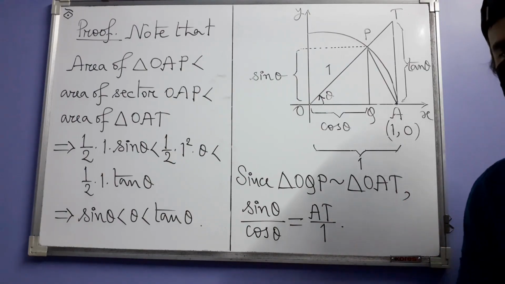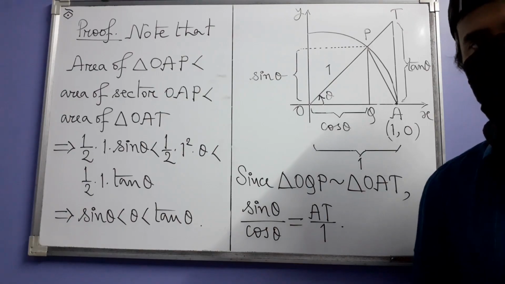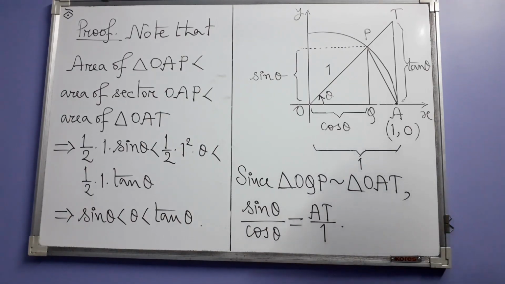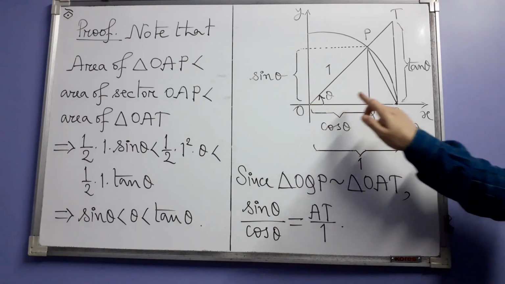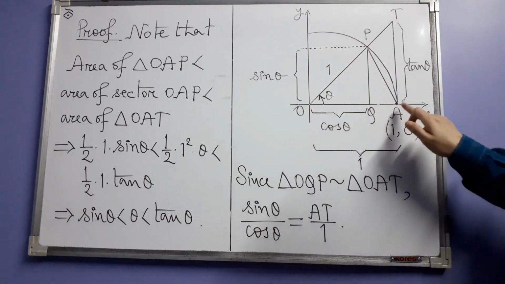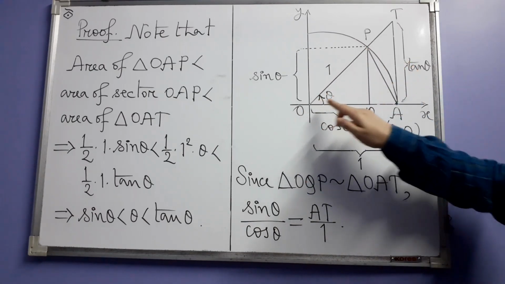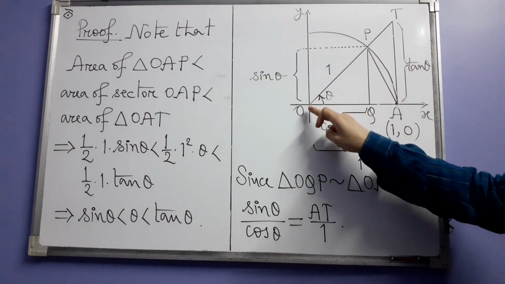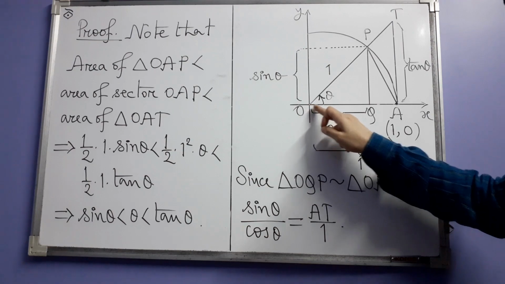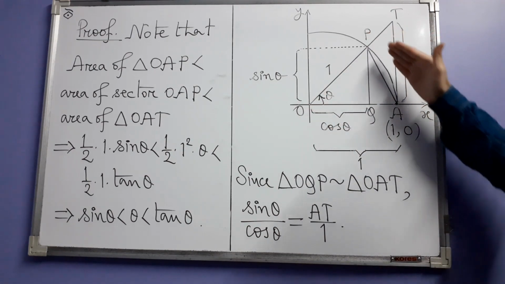So with all these things, let us next see these inequalities about areas of some regions in this diagram. First, we have the area of this triangle OAP. It's not a right-angled triangle, okay. The area of this triangle is less than the area of this circular sector OAP, a side of which is this circular arc.